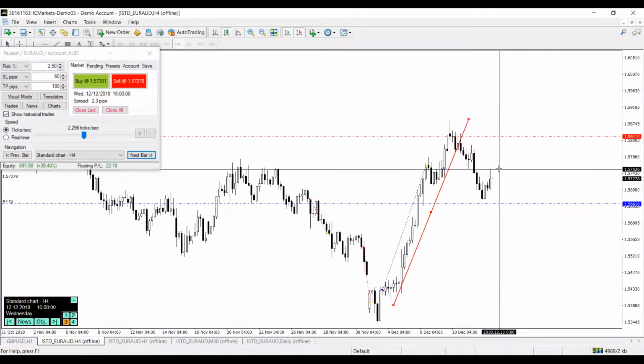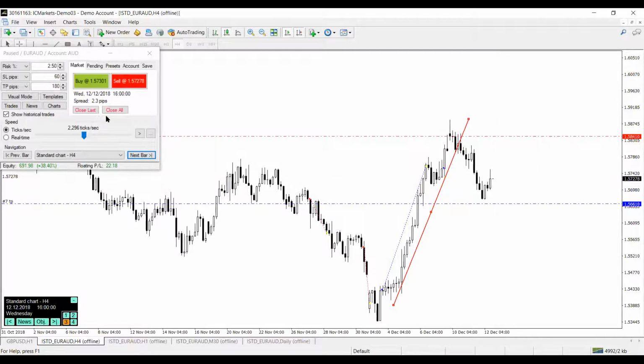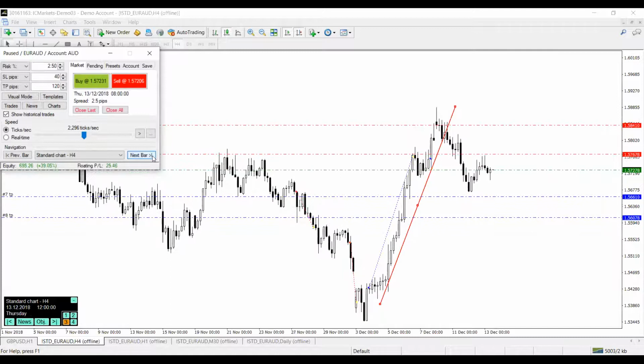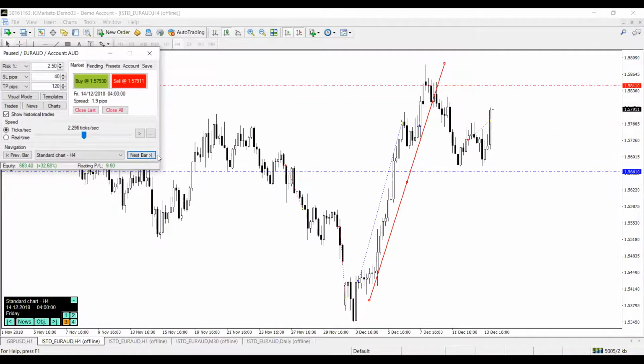Structural support here. Stop loss above market structure, 40. And then 40. You want 20. Just try it. There you go. We're still in our first trade at break even. It's fine.